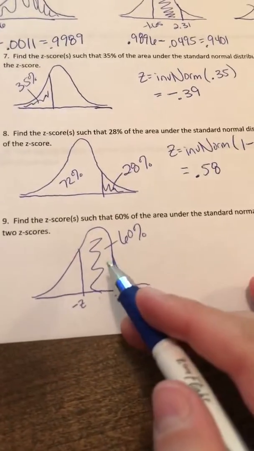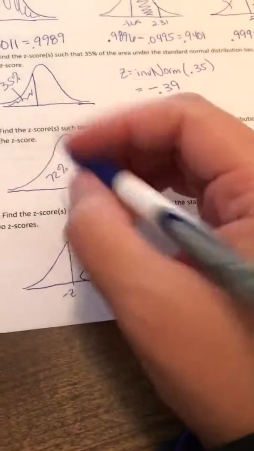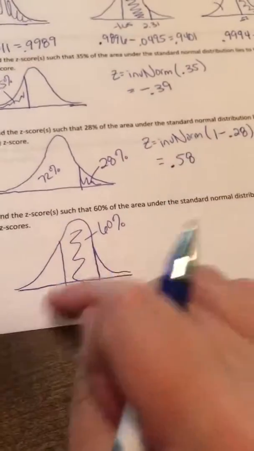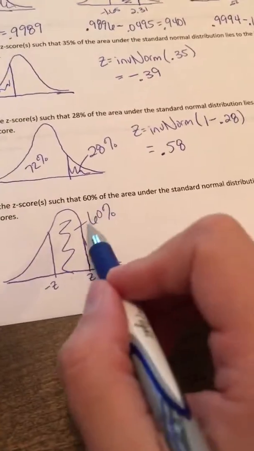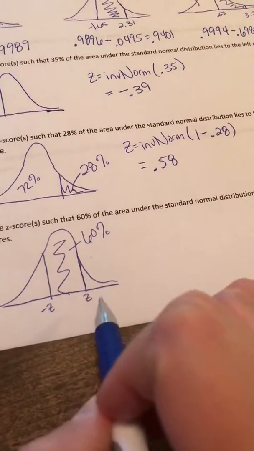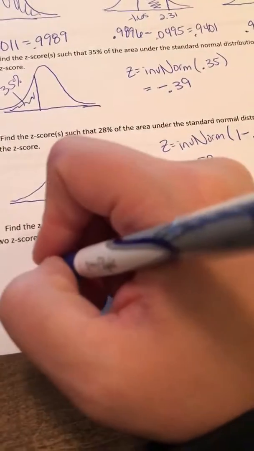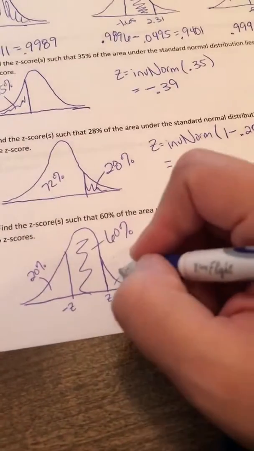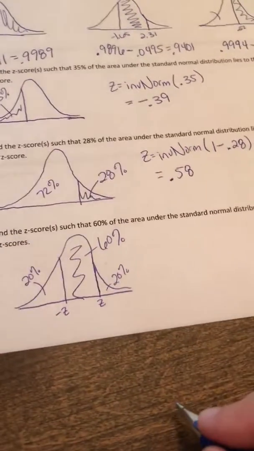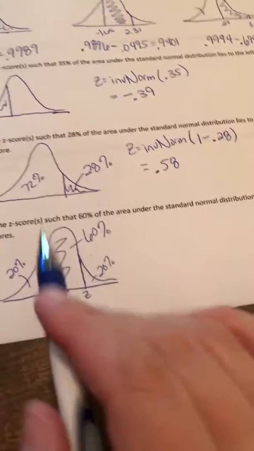And if you're between two z values, this curve's really not pretty, but that's okay. You need to know the area to the left. So if 60% is here, that means you've got 40% left, and the whole curve adds up to 1 or 100%. So we would have 20% here and 20% here. Because it's supposed to be symmetric. I know my picture doesn't look it, but it'll be okay.